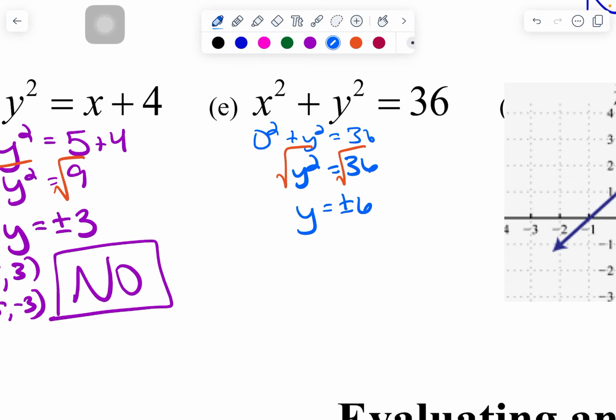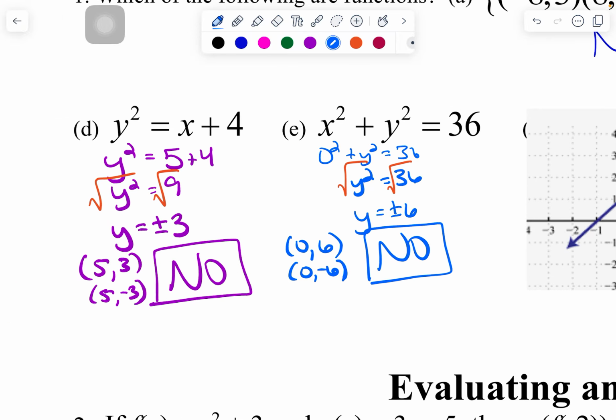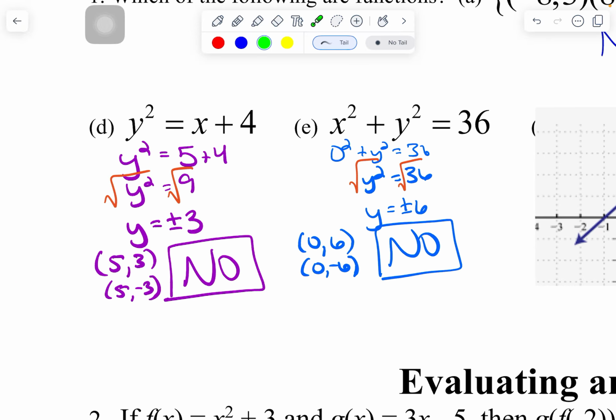So when we put in 0, we're getting both +6 and -6, not a one-to-one relationship. So is part E a function? No. Now, again, I know we talked about this in earlier notes. If you recognize y squared in your problem, those are not functions, okay?